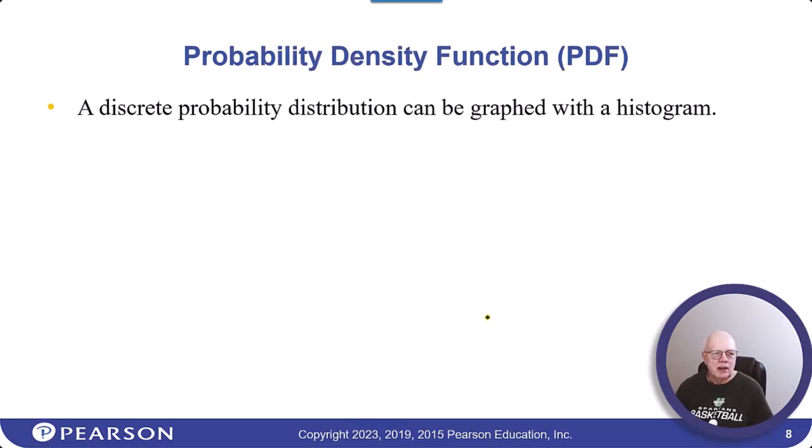Now, just temporarily, we'll talk about the discrete probability distribution. That can be graphed with a histogram. You're familiar with some of those. Remember, they look something like this. I'm not going to draw much of one, but this might get your memory going. Something like that along an x-axis.